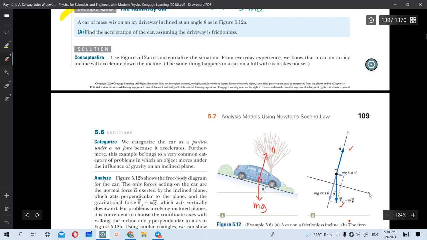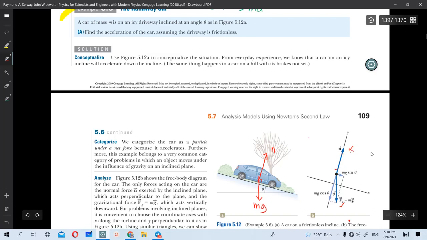So you are to redefine your x direction. Your x direction now is the inclined plane as such. You will find that the normal force lies parallel with the y-axis, hence it's purely in the y direction.